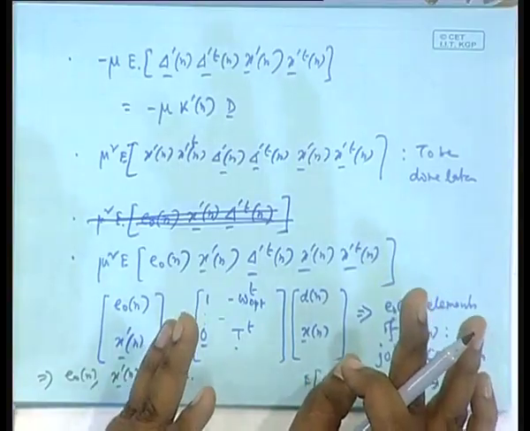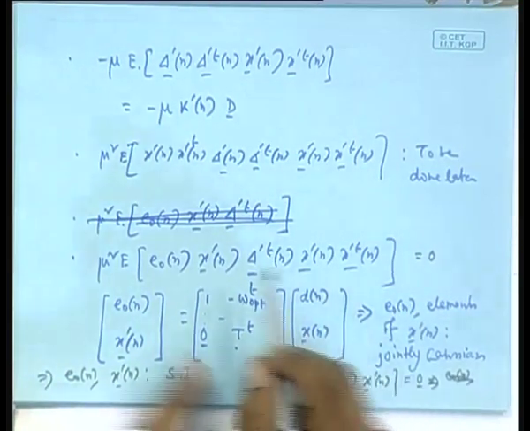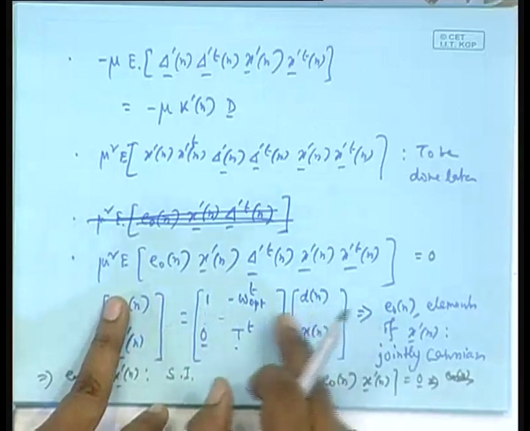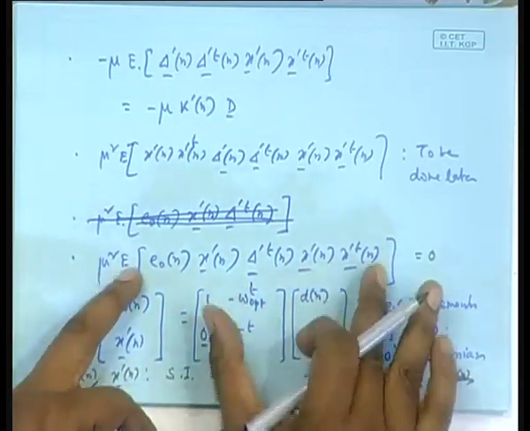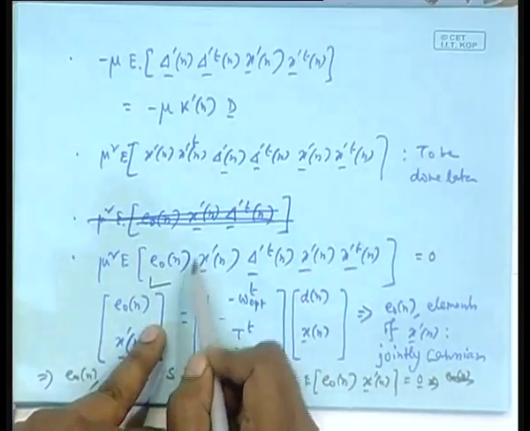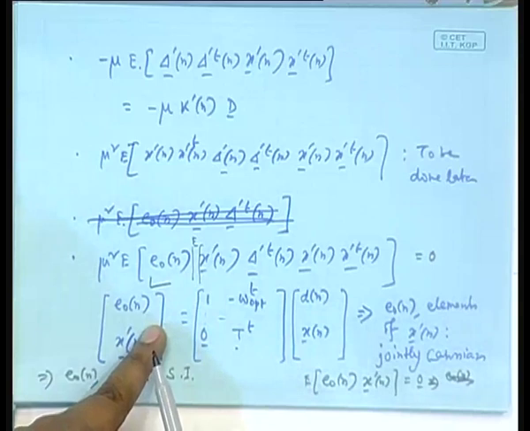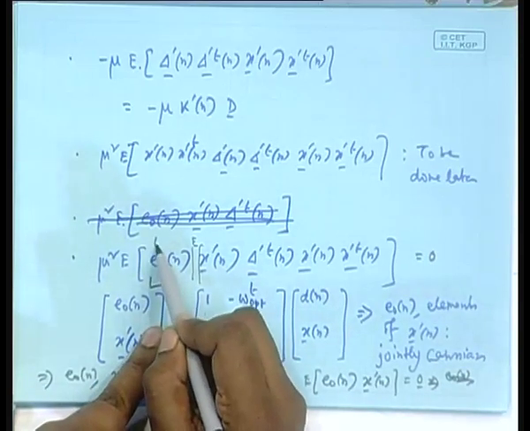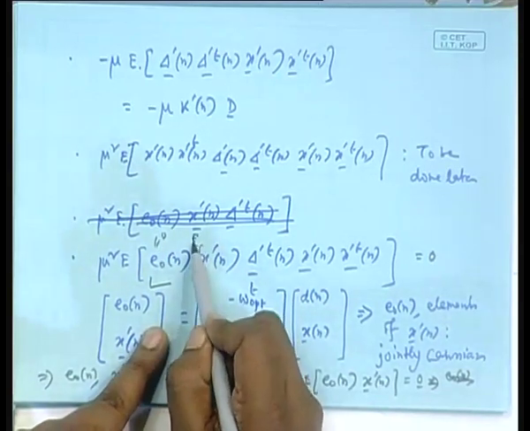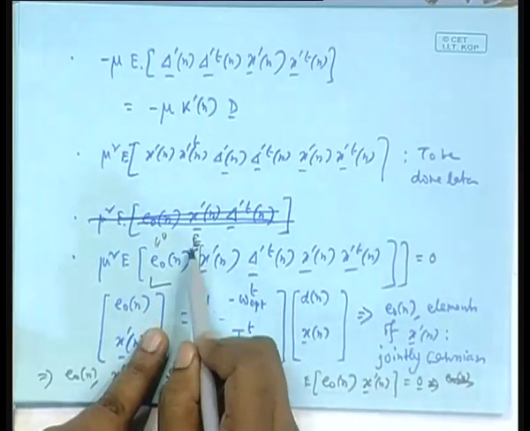Do you follow this? So that means this will be equal to 0. Shall I write the same step separately, that this E is nothing but E of e o n times the rest, separately, and this part is equal to 0. This becomes E over this and E over this.